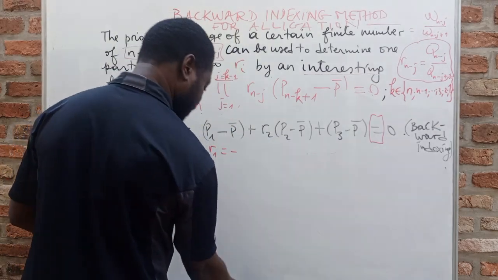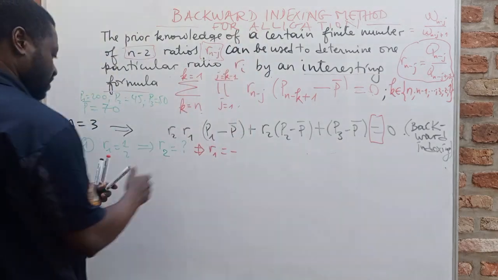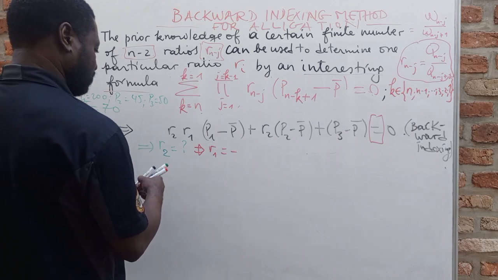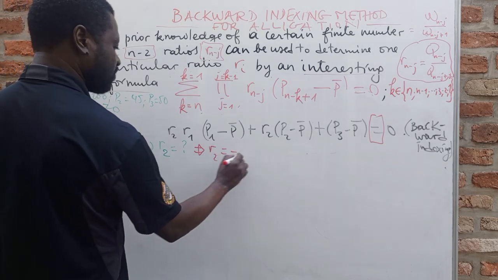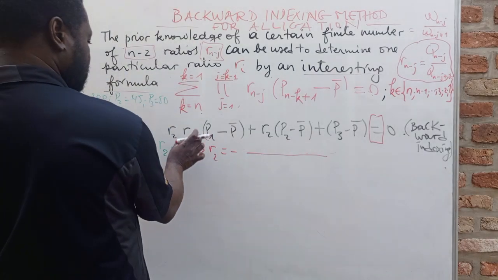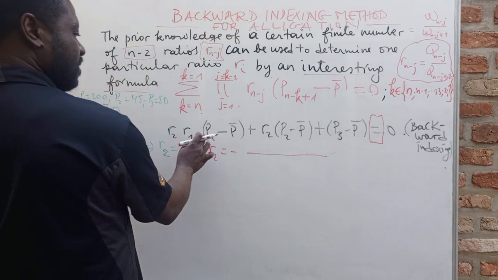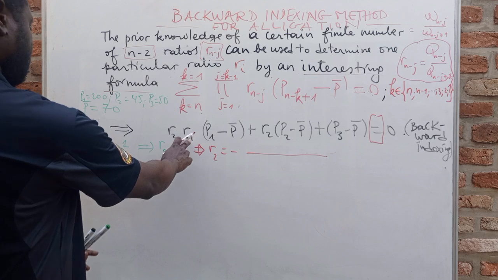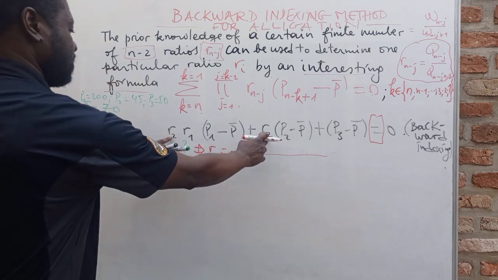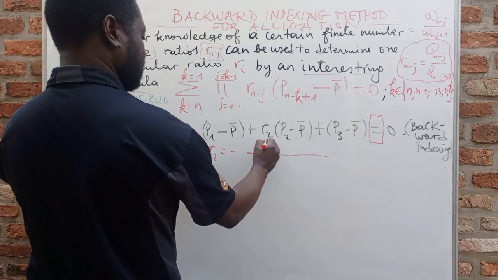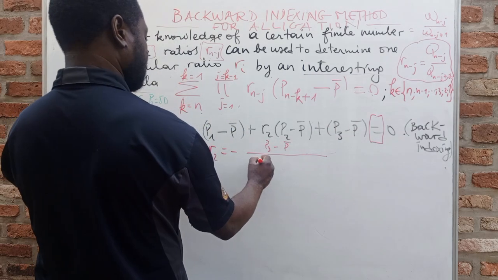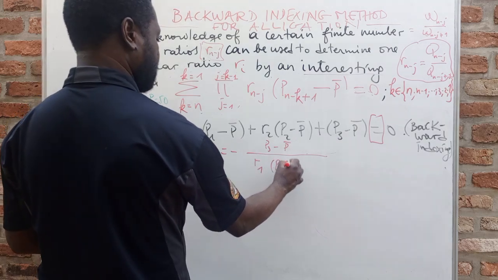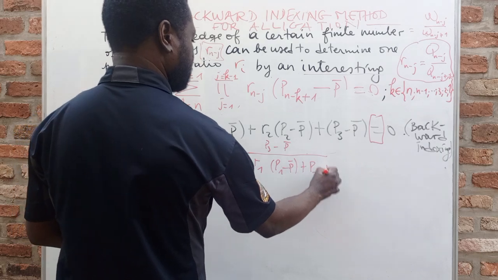This is my favorite formula for the alligation method because it is very simple to manipulate. R1 is here only, so we want R2, which is here and here. We have this term on the other side, P3 minus P bar, over R1, which is known, times P1 minus P bar plus P2 minus P bar.